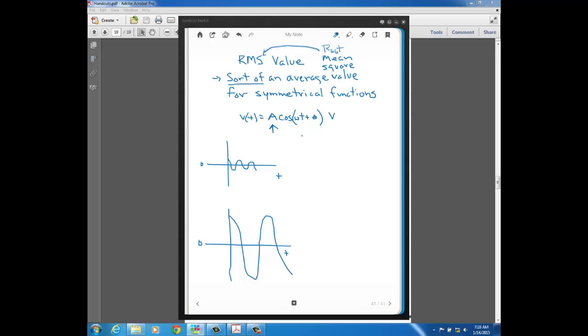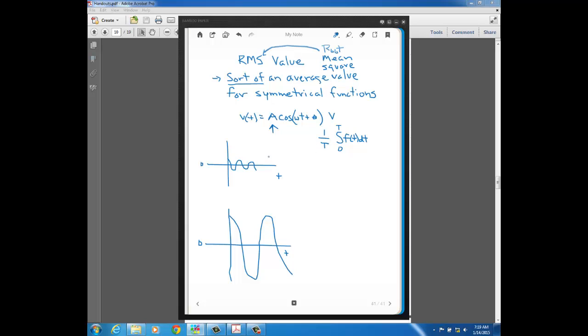The most common value like that is an average value where, as you learned in calculus, you integrate the function over a period of time and then divide by that same period of time. That's your basic definition of an average value from calculus.